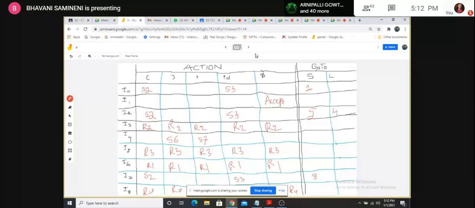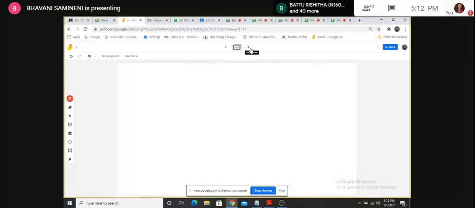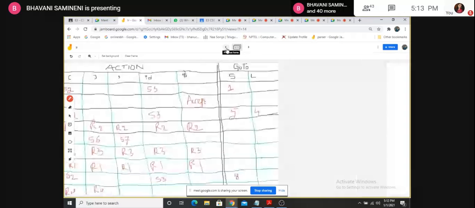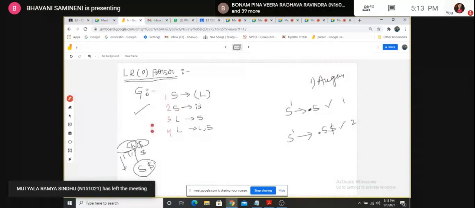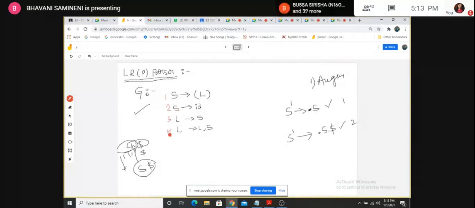And now we'll see how to map the string, how to construct the string. So let me take one string that can be formed with this grammar. Can you suggest one string that can be derived with this? Anyway, L has L comma S, and again S has a parenthesis.